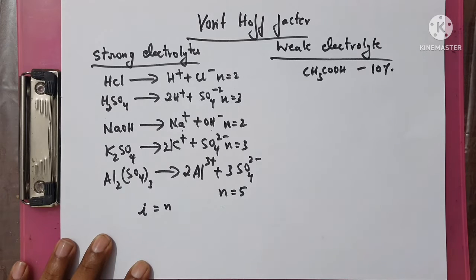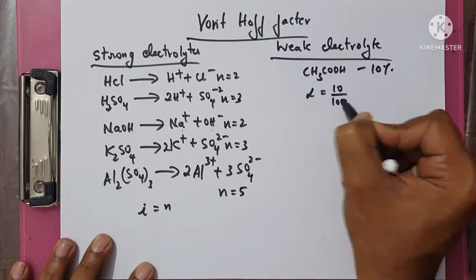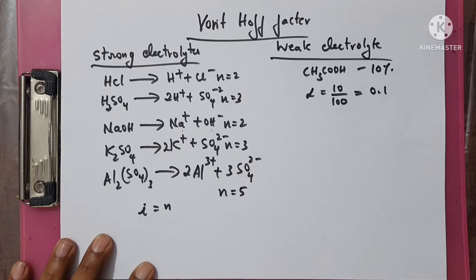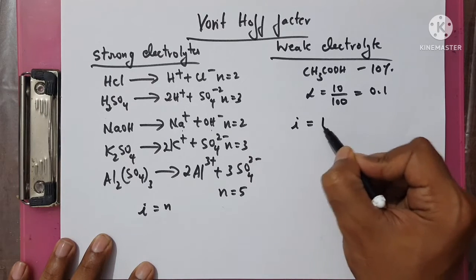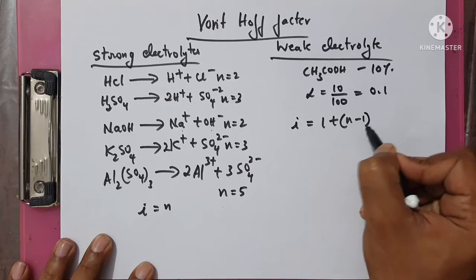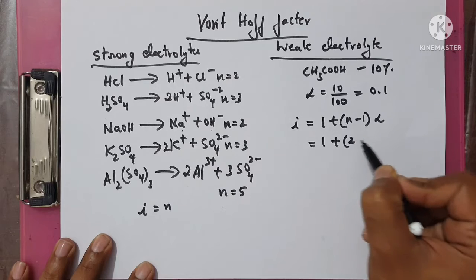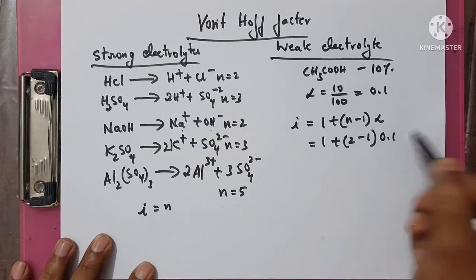If it is ionized for 10%, I'll just take alpha is equal to 10 by 100, or alpha is equal to 0.1. So when I substitute, i is equal to 1 plus (n minus 1) into alpha, 1 plus (2 minus 1) into 0.1.